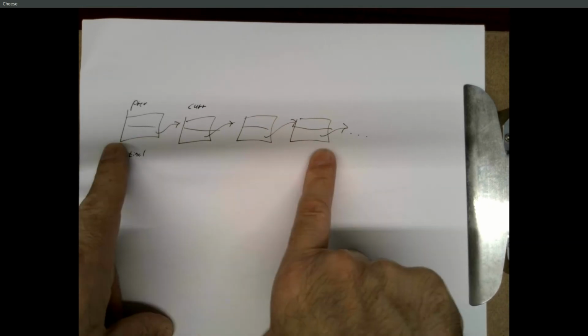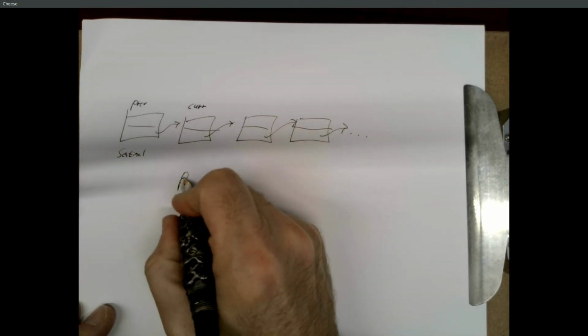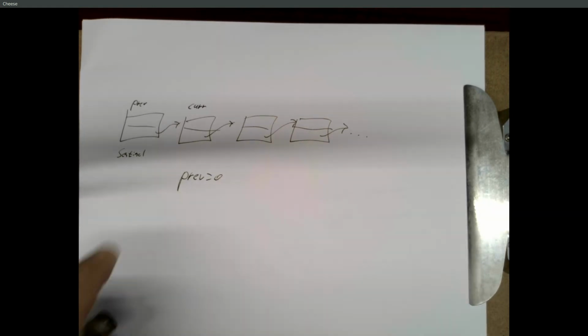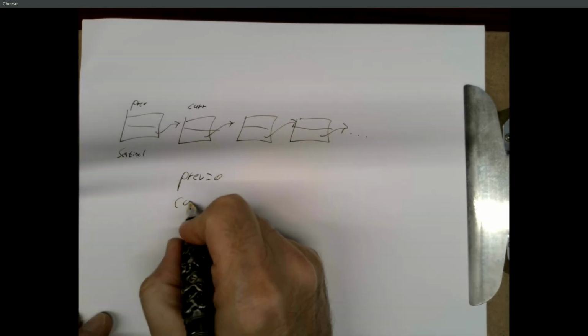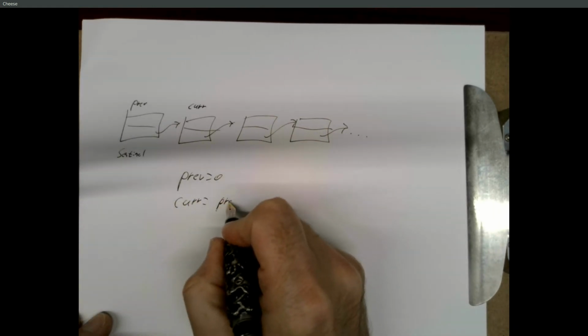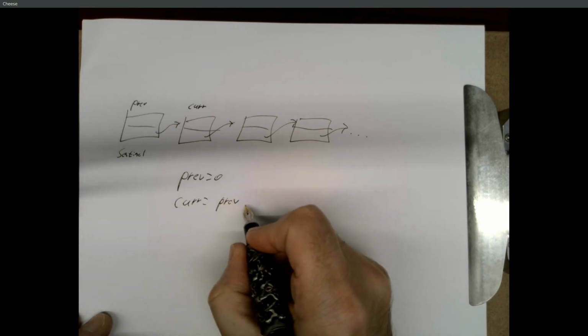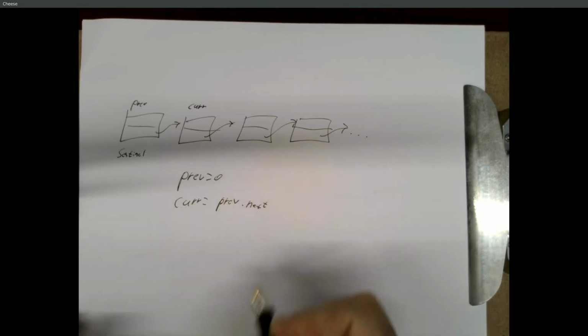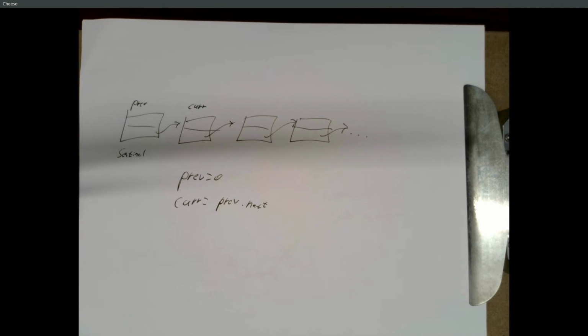So with that idea in mind, how do I initialize this? I got to say previous equals 0. So that points to the sentinel node. And I've got to say current equals previous, I'm just going to say dot next, but LL bracket previous dot next, or previous arrow next in a few minutes.